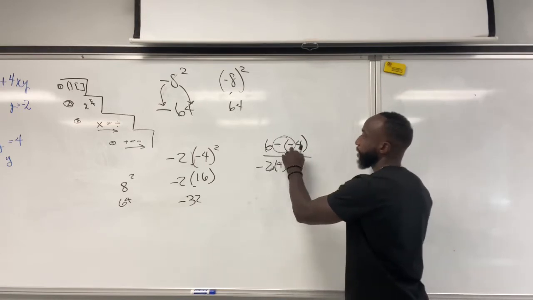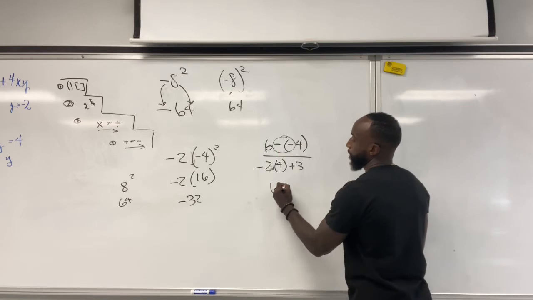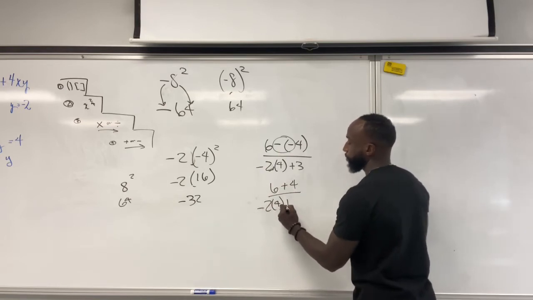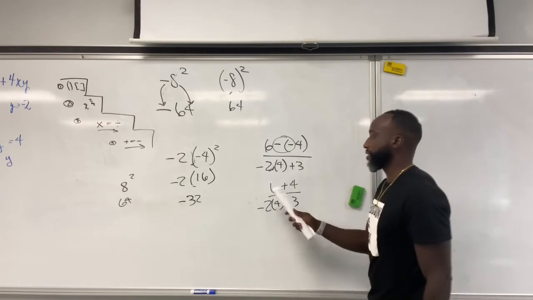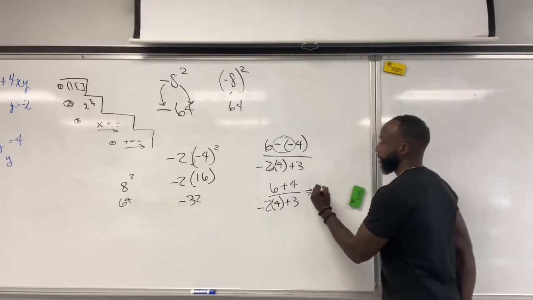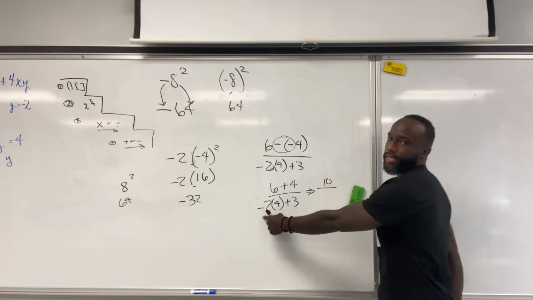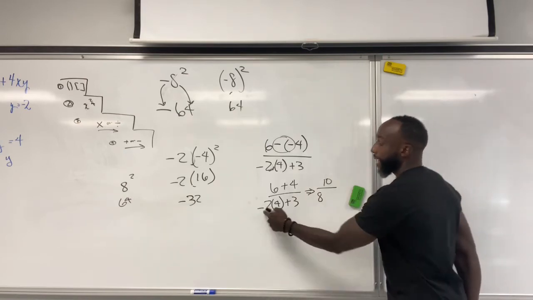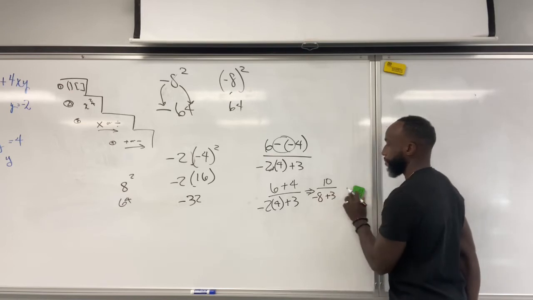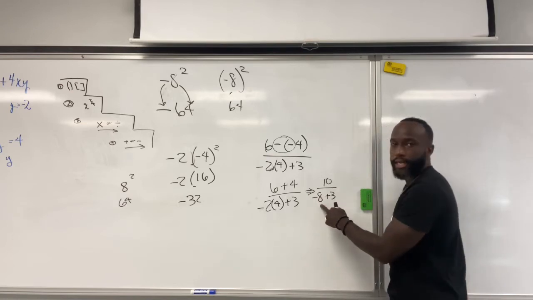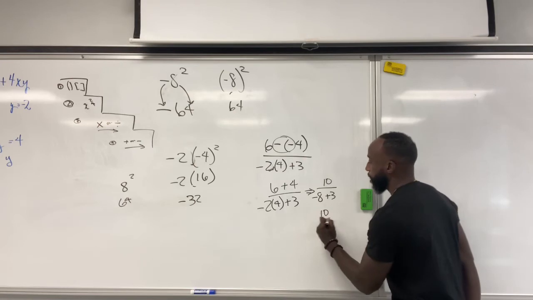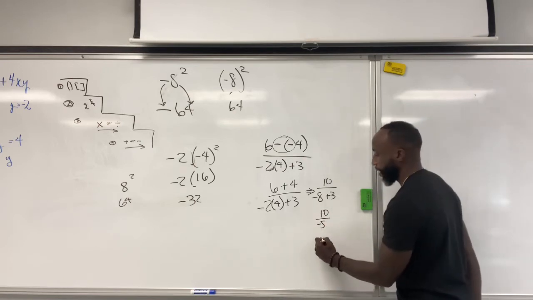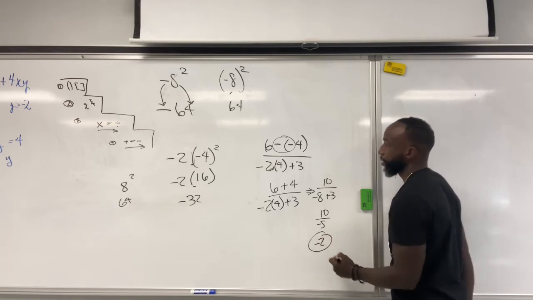A negative times a negative becomes a positive, so I'm just going to rewrite the problem. So now we got 6 plus 4 gives you your 10, and then you got your -2 times 4, which is -8, plus 3. We continue working. This -8 plus 3 is going to give us our -5, and then reduce or simplify, and that's going to give us our -2.